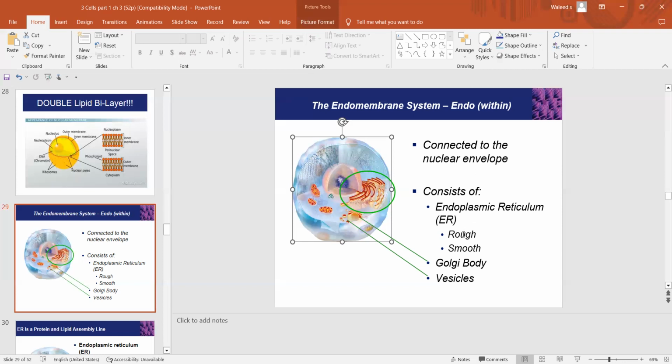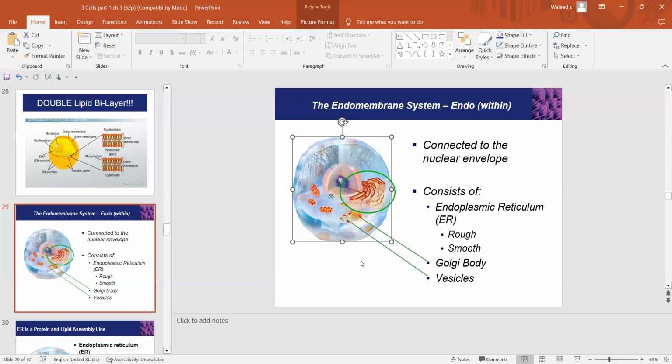There are 2 types that you need to know. One of them is rough, and the other one is smooth. What does it mean? If this reticulum or network doesn't have anything on the surface, it will look smooth, and we call that smooth endoplasmic reticulum.